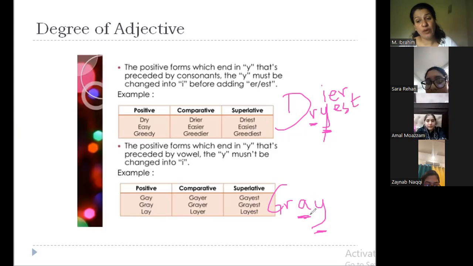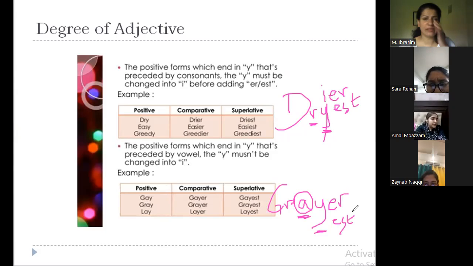But if you have a vowel sound before Y, you are not going to change it into I, but simply add ER and EST. This is not a very difficult thing either.